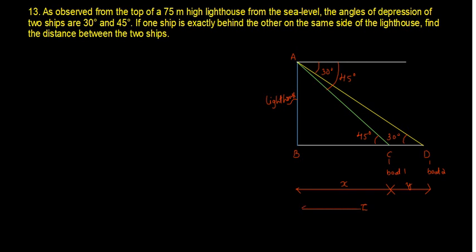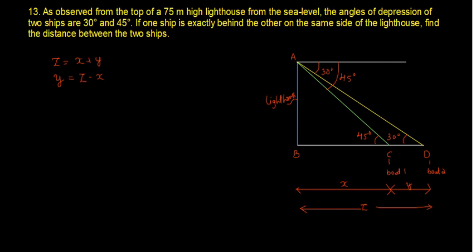I will write it as z total. So z will be equal to x plus y. We need to find y, that is the distance between the two boats, boat 1 and boat 2, that will be equal to z minus x.